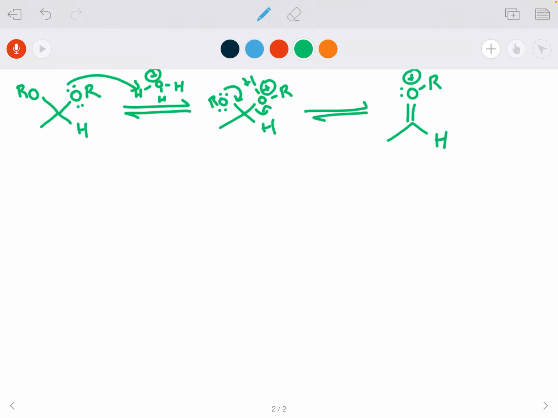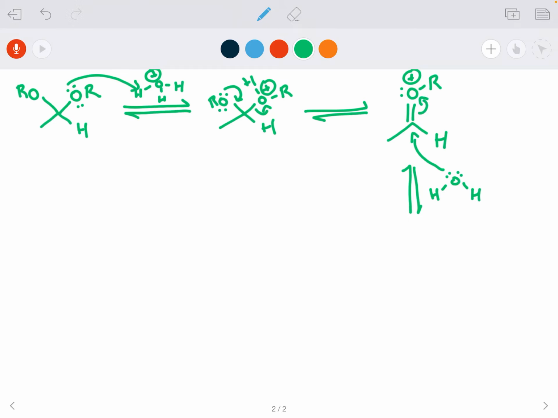And now we've formed our next intermediate. We're going to undergo nucleophilic attack now, but given we're in acidic conditions, our nucleophile is going to be water, not hydroxide, like if we're in basic conditions.